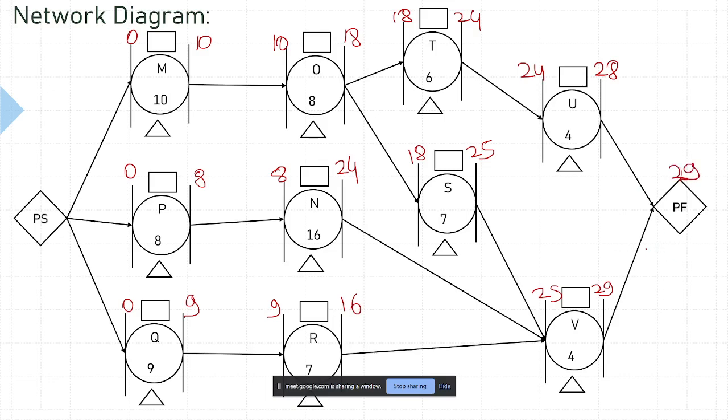So now let's have the backward pass right here. Everybody is happy with this forward pass, right? Okay. Backward pass I am writing.